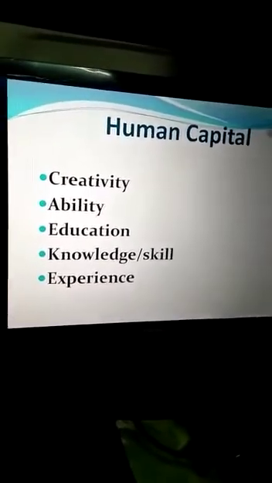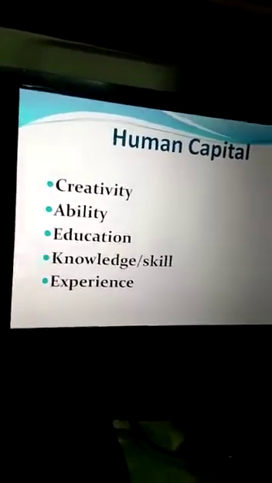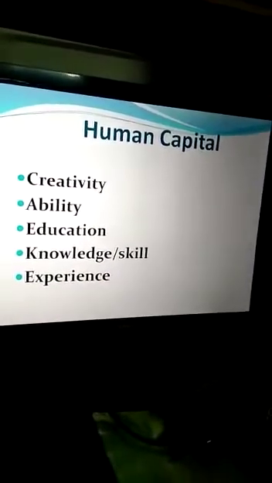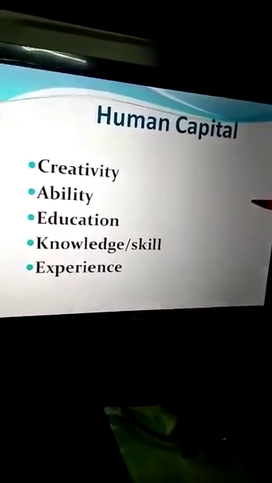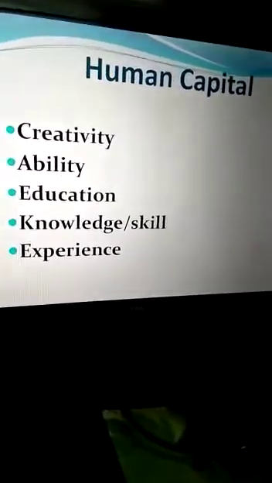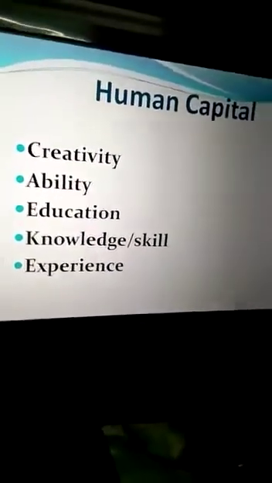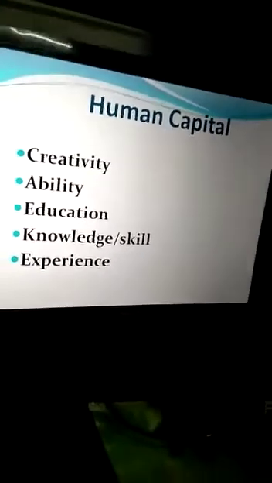That is why human capital is very important. A variety of human capital is there. All the work cannot be done by one particular person. Different types of knowledge, ability and creativity are required for different types of production processes.